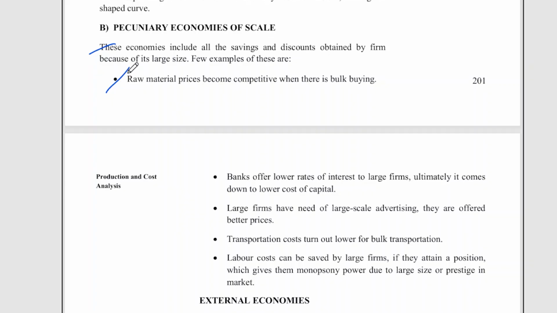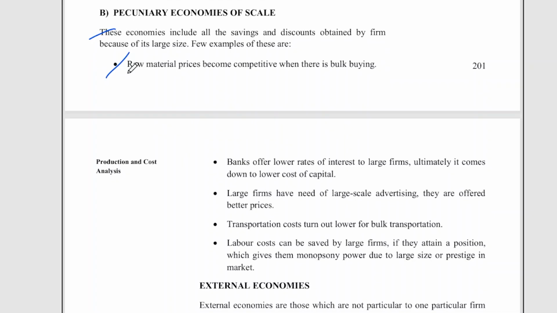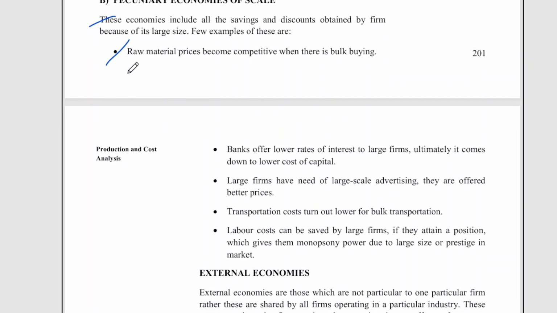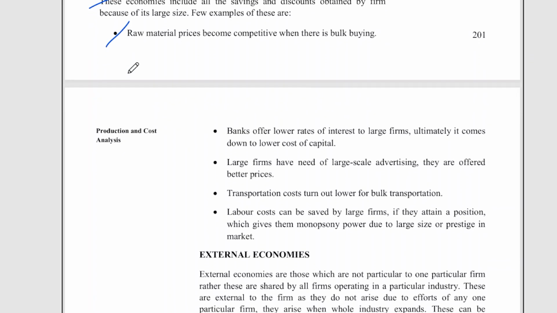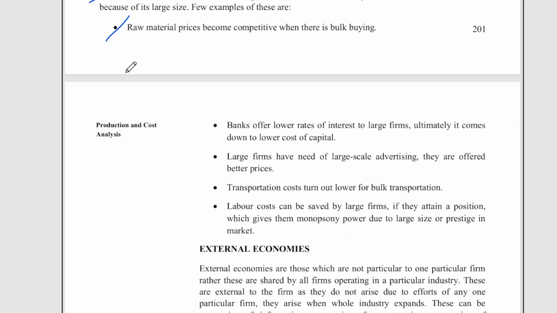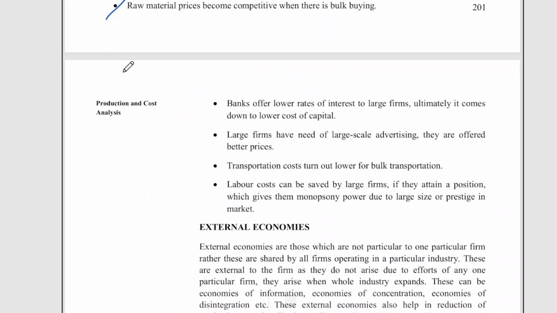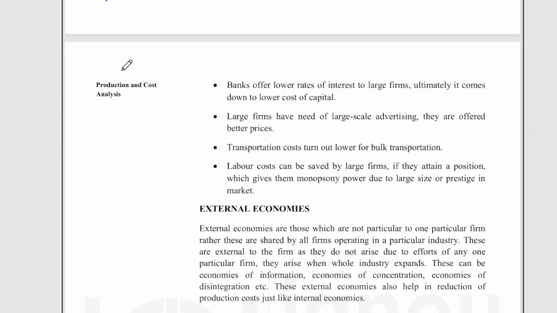And large firms need large scale advertising, and they are offered better prices, and transportation costs turn out lower for bulk transportation, and labor cost can be saved by large firms, and they may attain monopsony power due to large size or prestige in the market.